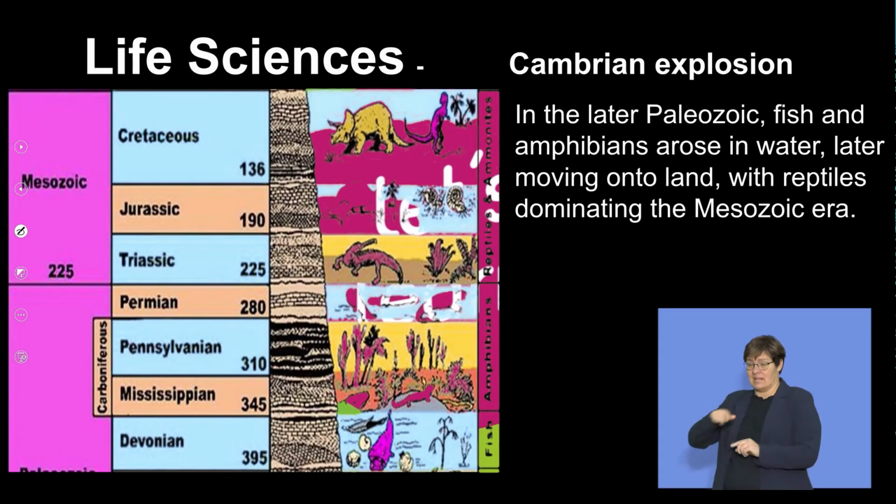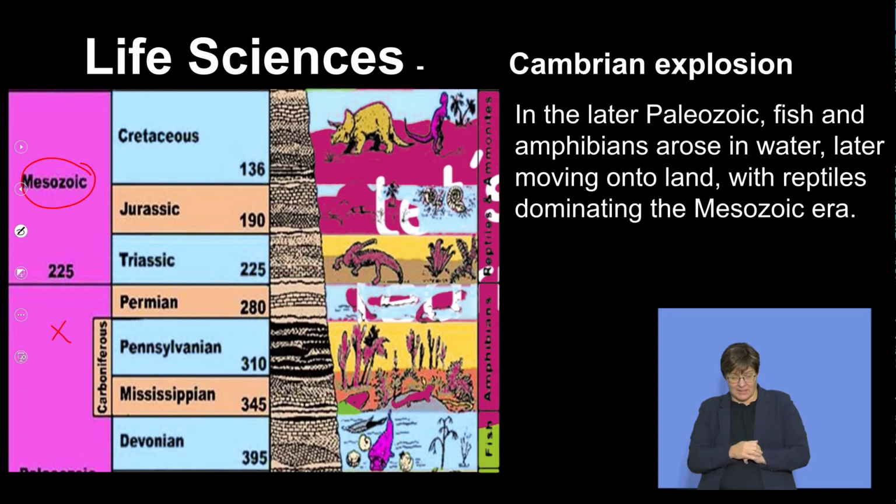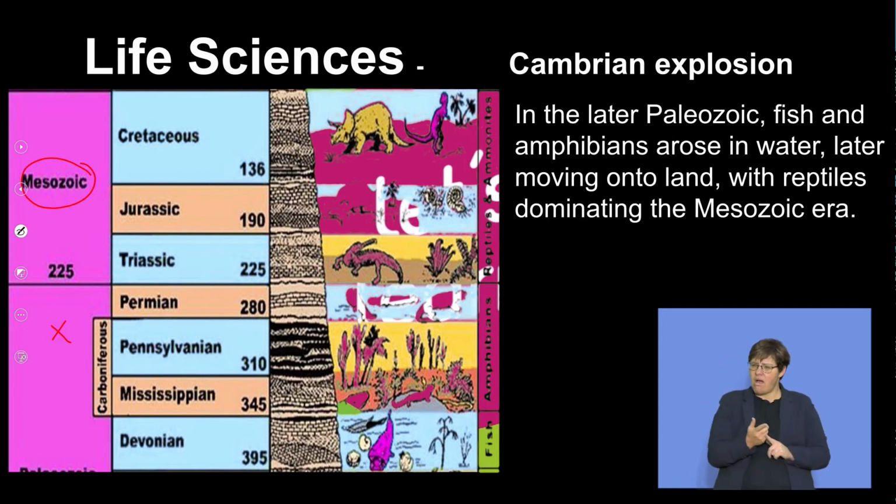Then, if we have a look at the end of the Paleozoic here and the Mesozoic here, you can see that vertebrate animals started appearing. You had fish-like structures, then reptiles, and the fish, of course, were in the sea, but the reptiles then moved onto land.